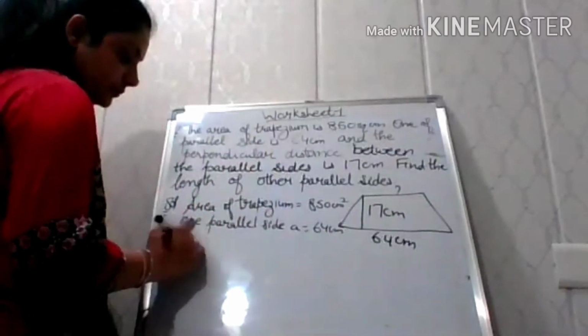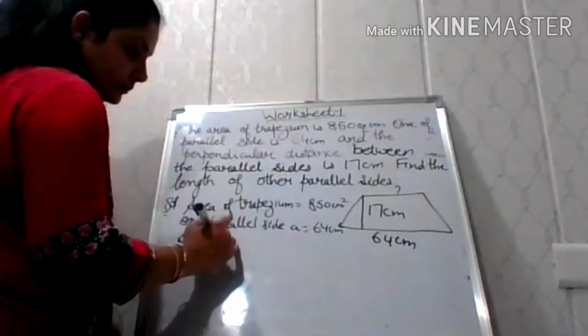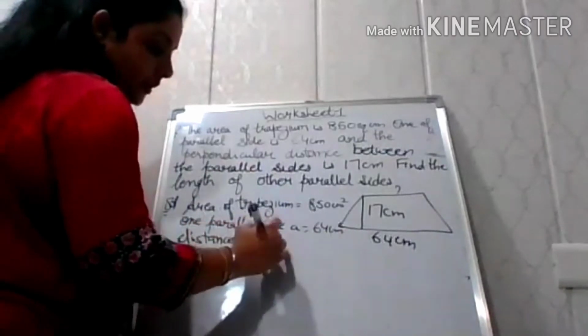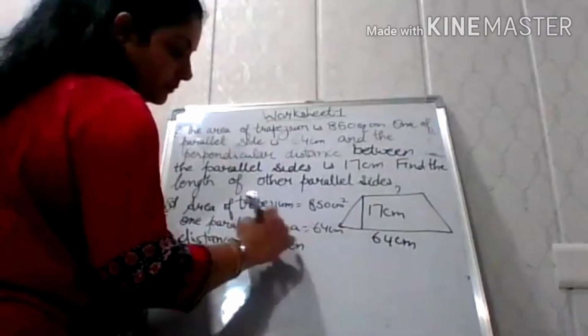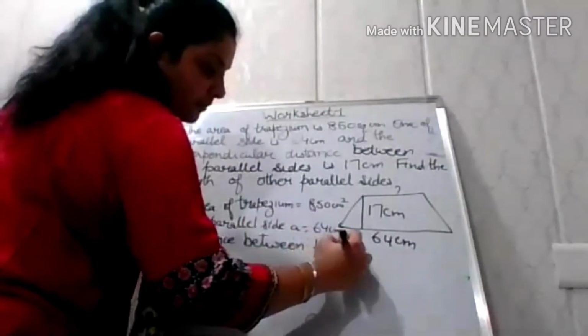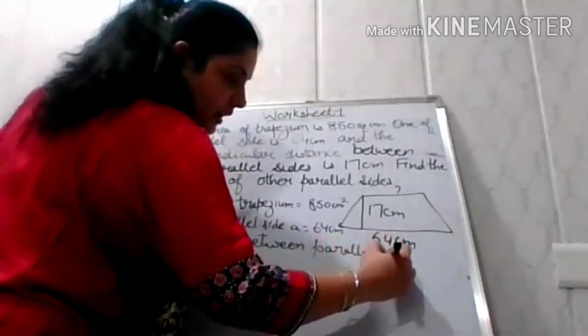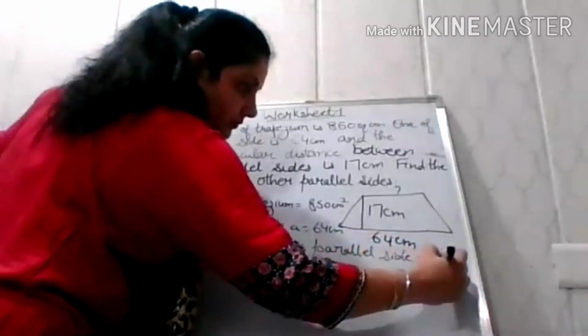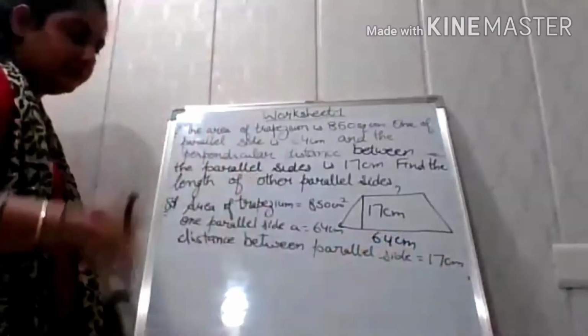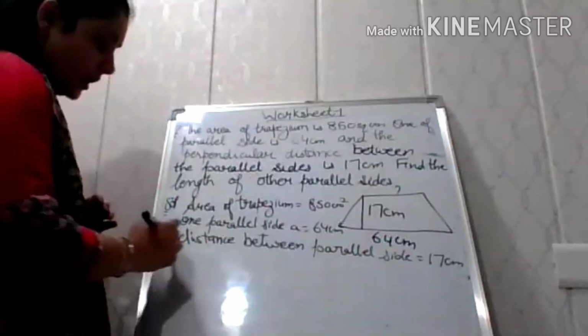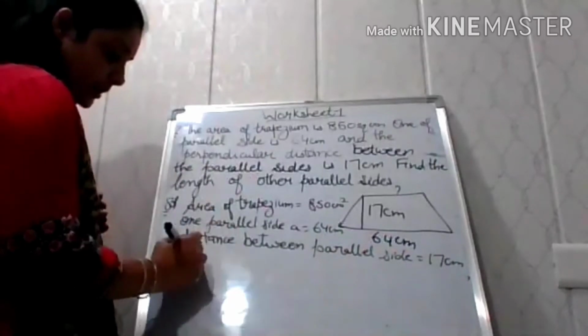Distance between parallel sides, 17 centimeter. What you have to do? Other parallel side.